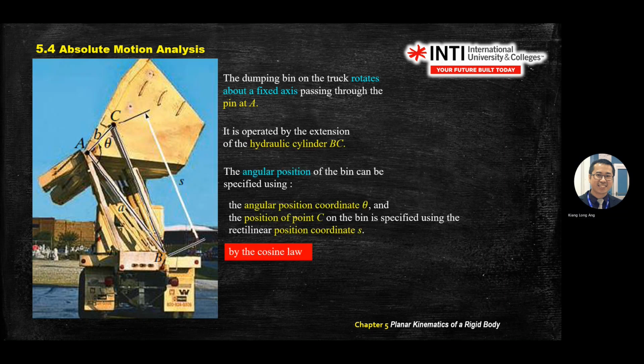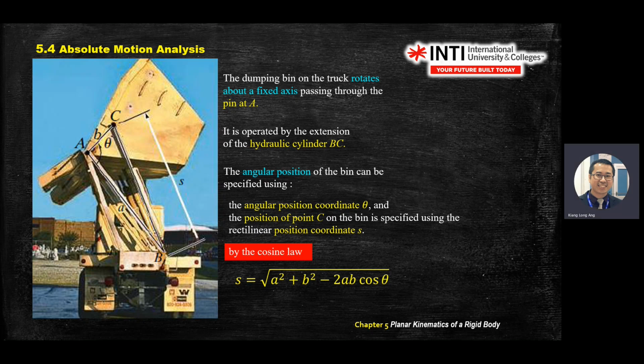You need to recall the cosine rules that you learned. For a rigid body, go home and recall the cosine rules, where you no longer have a right-angled triangle. So b squared equals a squared plus c squared minus 2ac cos theta.